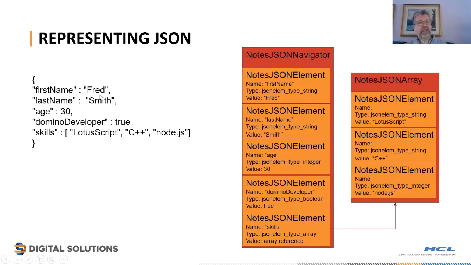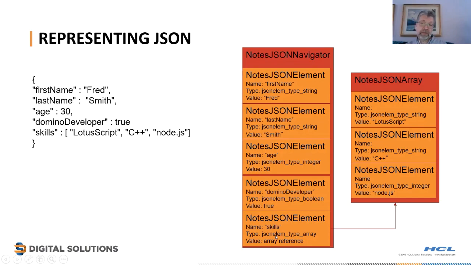We're going to see more of this later. And on the right here, I have essentially the result of what would happen if you visit every one of these nodes on the left with the API. And so as you can see, the navigator in this case contains a bunch of Notes JSON elements, 5 in this case, and 4 of them correspond to the scalar types over here.